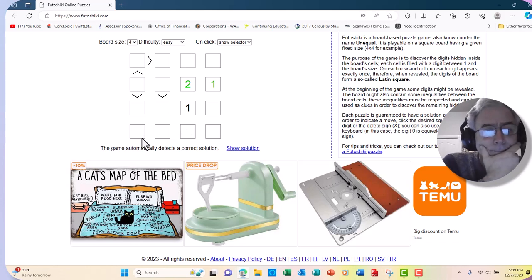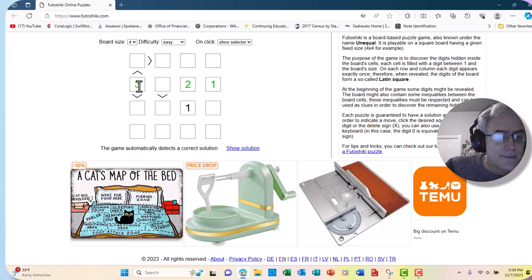All right. Well, so now what? Well, let's see here. Let's try out an idea here. This either has to be a 3 or a 4.